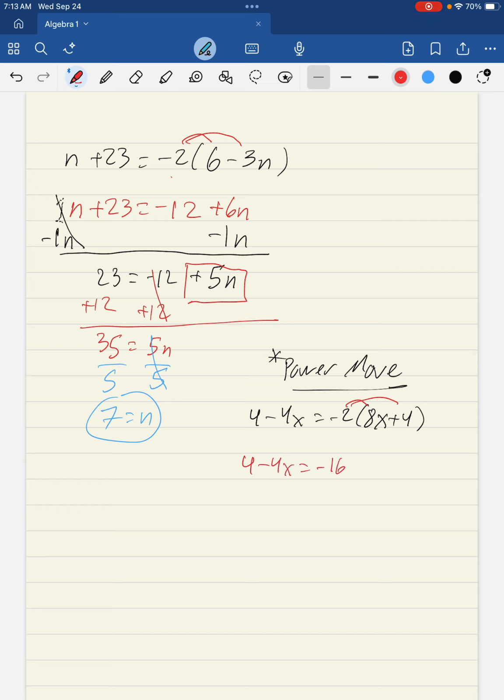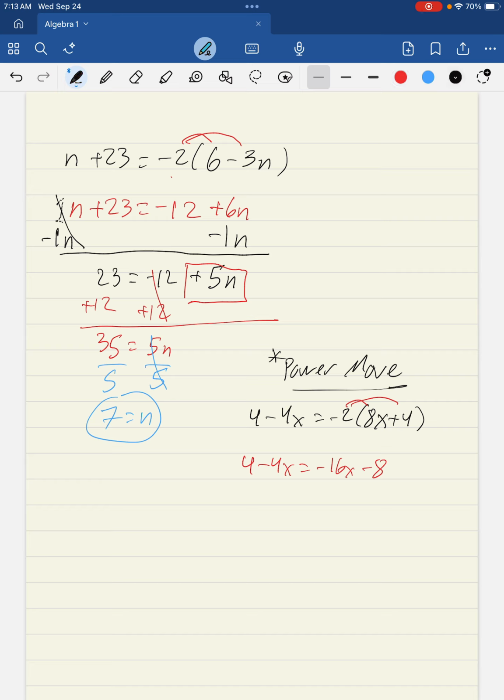We have negative 16x, and we have negative 8. The power move happens right here. We know the step we're supposed to do next is to get our variables on the same side by moving the smaller, or in a way more negative number, which in fact is this guy. So we're going to move that guy.